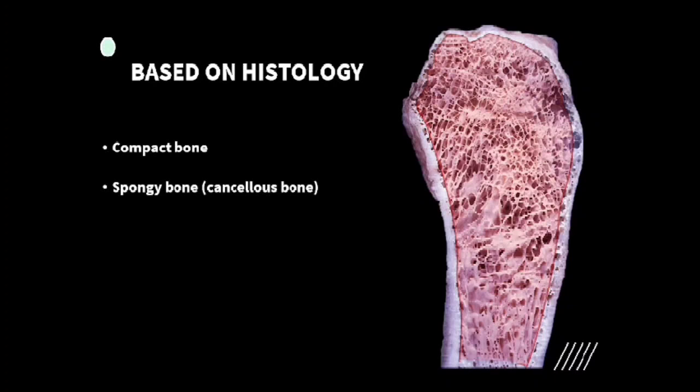Whereas spongy bone, or you can say cancellous bone, as the name suggests, is a sponge-like meshwork consisting of many trabeculae, and within the meshwork there are many spaces which are continuous and occupied by marrow and blood vessels. Now these trabeculae are arranged along the lines of maximal internal stress, and they are adapted to resist stress and strain to which a bone is subjected.